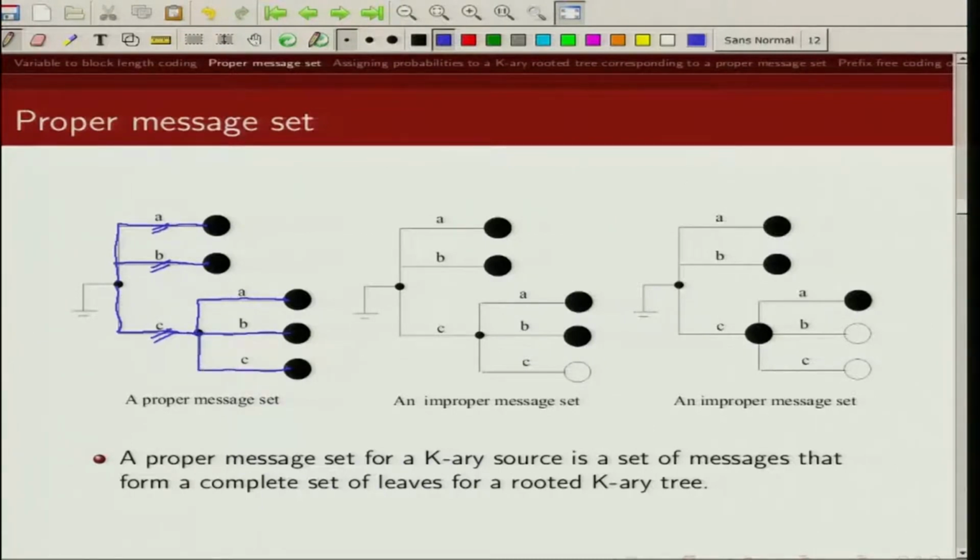Let's look at some sequence, say A, B, A, C, C, B. Note here that if I use this source parser, which I am calling a proper message set, how will I parse this input sequence? For A, that's one message, then B, then A. If I get a C, I look at the next letter, that's CC.